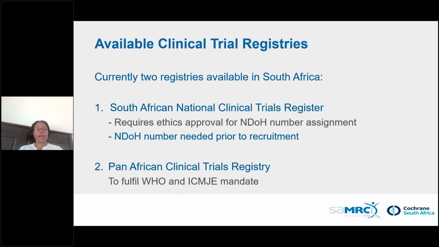So if you're thinking around ensuring that you want to publish your findings of a clinical trial, probably PACTR would be suitable, but to fulfill the SAGCP guideline, you need to register with SANCTR. And also the two registries allow for secondary IDs, so we will be able to see from which registry you have registered with the unique number.